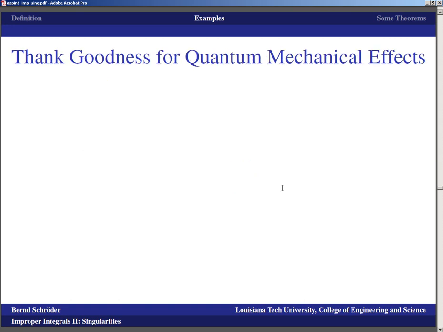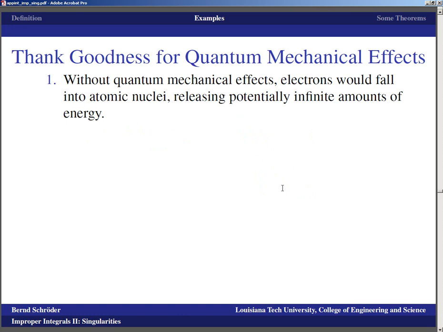And so that means here, thank goodness for quantum mechanical effects. Without quantum mechanical effects, electrons, which are negatively charged, would fall into atomic nuclei, which are positively charged.